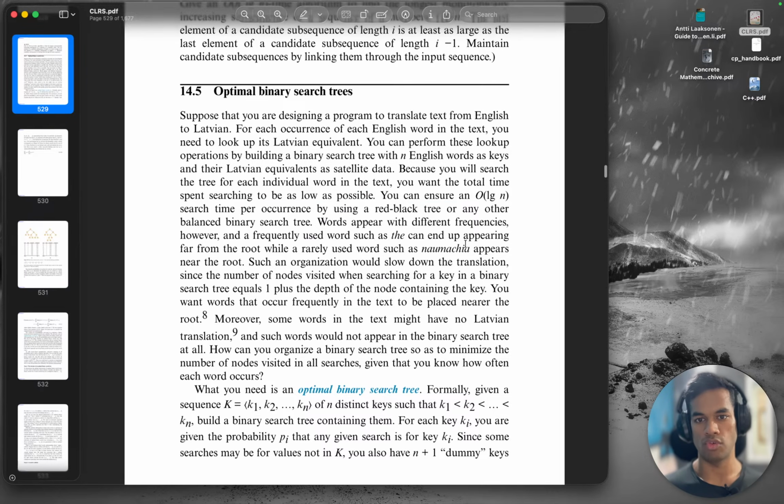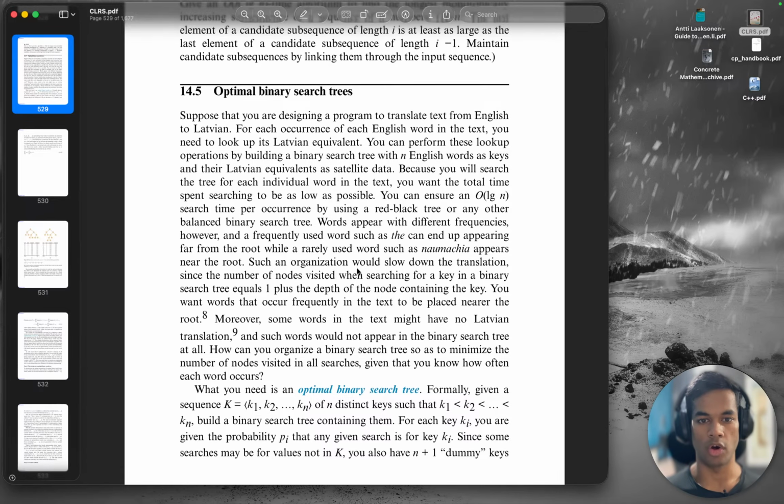You can ensure O(log n) search time per occurrence by using a red-black tree or any other balanced binary search tree. Words appear with different frequencies, however, and frequently used words such as "the" can end up appearing far from the root, while a rarely used word such as "naumachia" appears near the root.